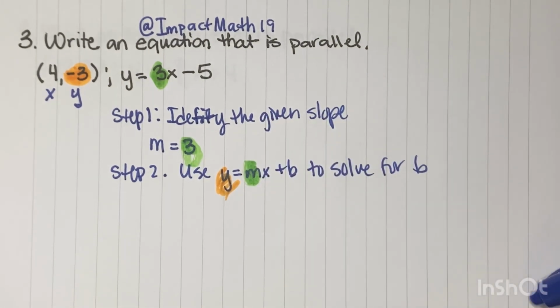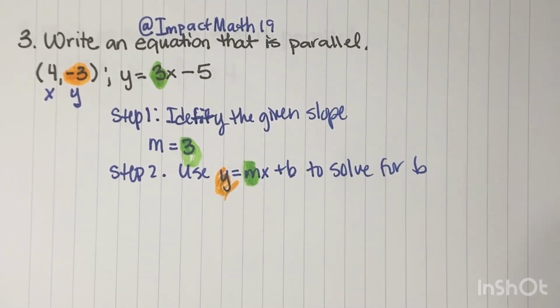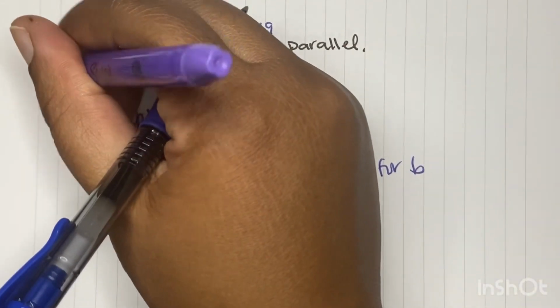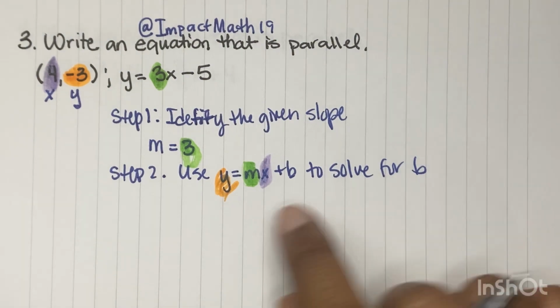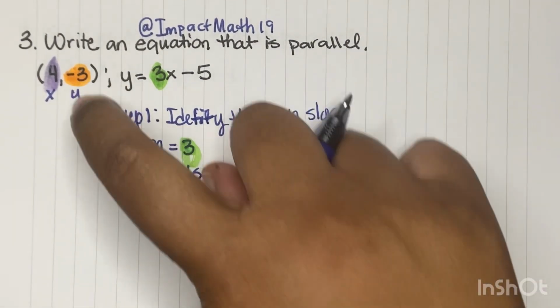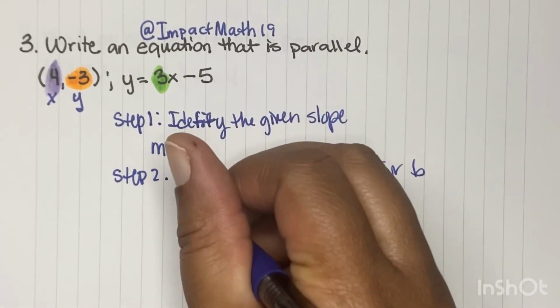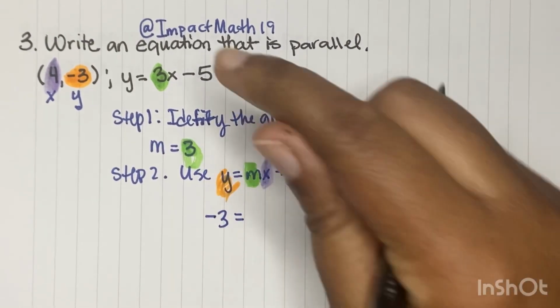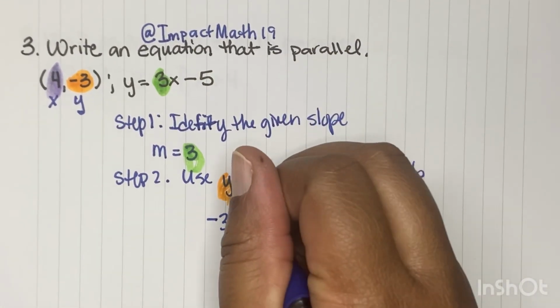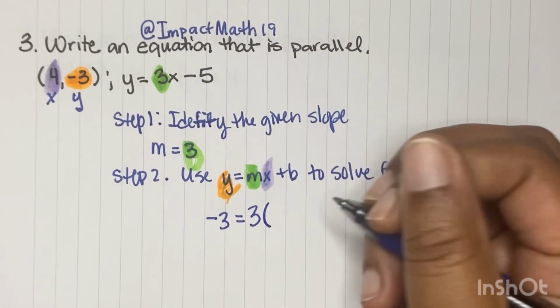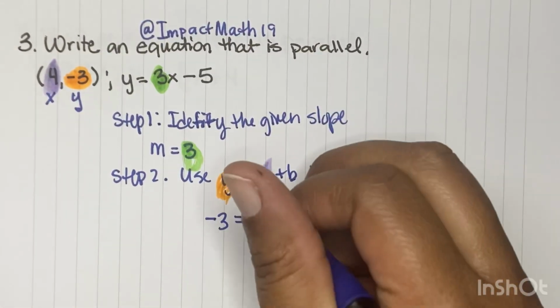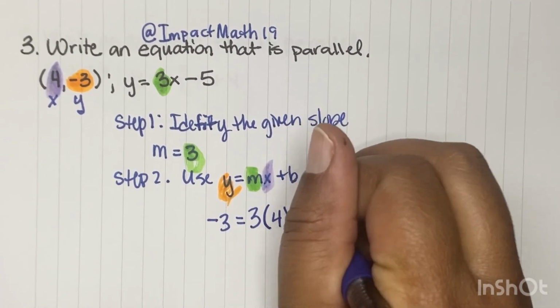And we're going to use our x, which is 4. Okay. So I start by saying I'm plugging in. So I'm replacing this y with -3 equals my m is 3. Since my m and x touch, that means they're multiplied together. So I'm going to use parentheses. X is 4 plus b.